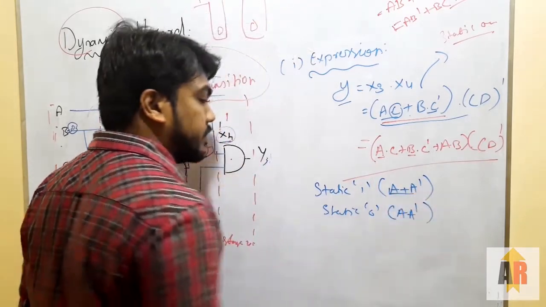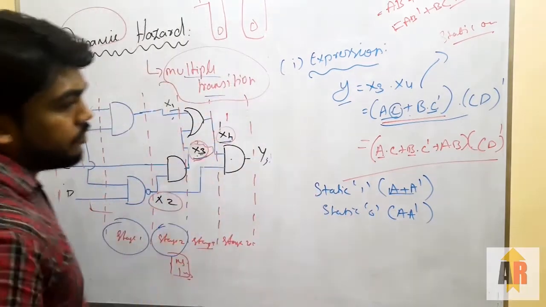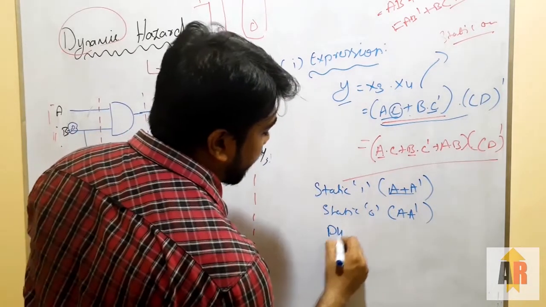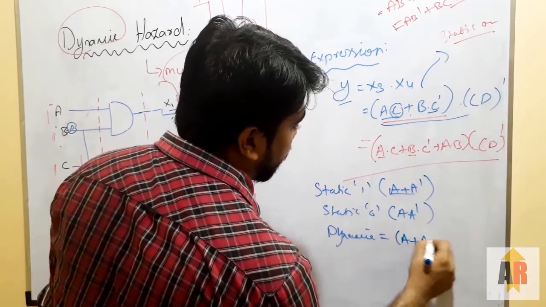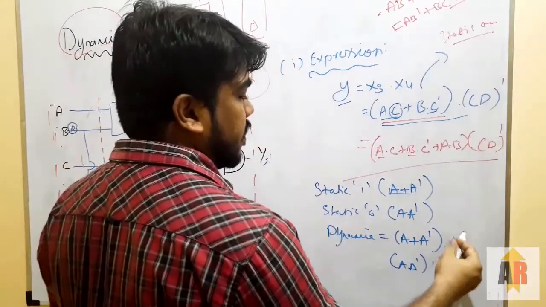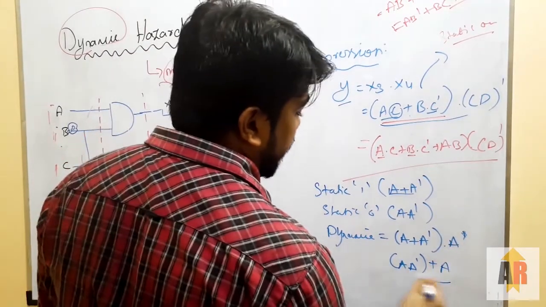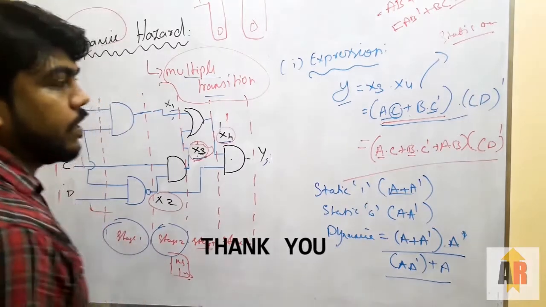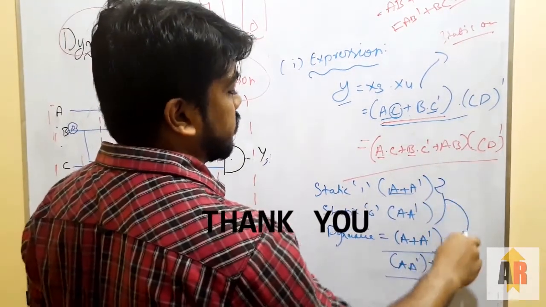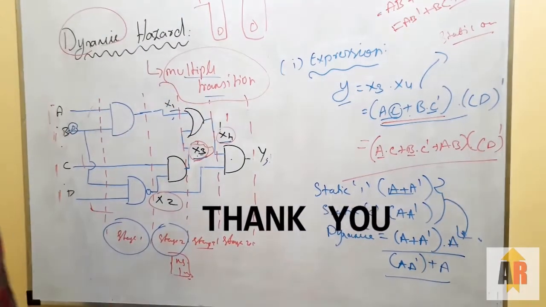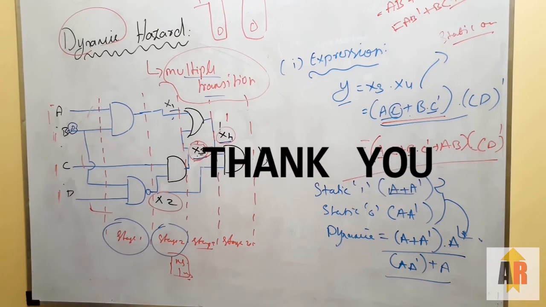This is one A plus A dash, and this is a combination of both. So it will occur when you take a dynamic concept. It will occur with respect to A plus A dash, like A plus A dash into A or something, A dash plus A. In this kind of combination it will occur. So once you have a very clear idea about this, just apply this concept over here and you can eliminate the dynamic hazard issues.